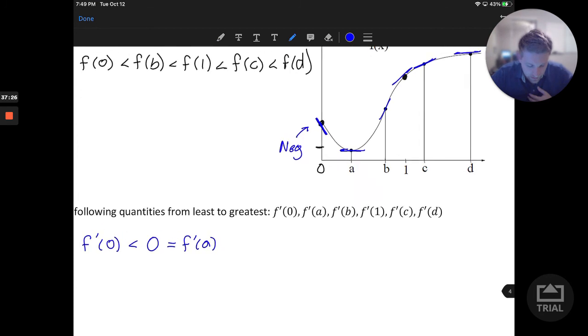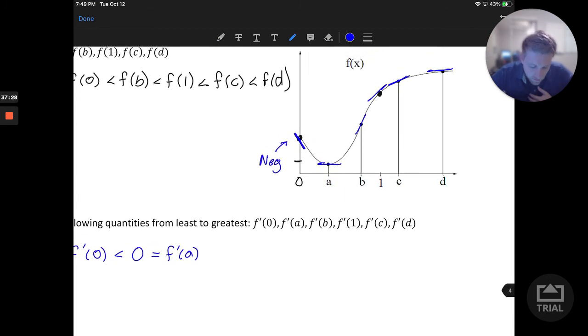And if we look at the steepness of our positive points here, the last 4 are really positive in direction. The least steep out of all 4 of those remaining would probably be D. If we look at the steepness of D, it's a little bit positive, but not a ton. So we could say that's next, f prime of D, the slope there. Next would be our slope at C. We're getting more steep in the positive.